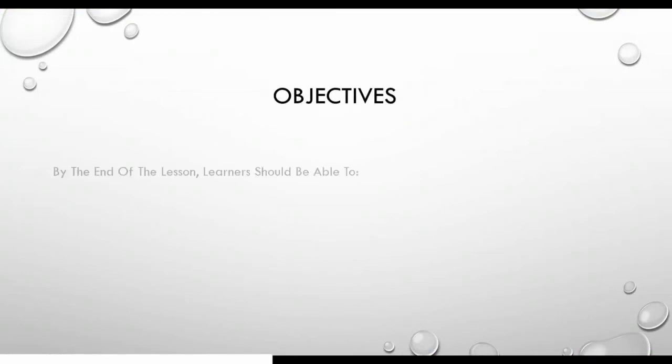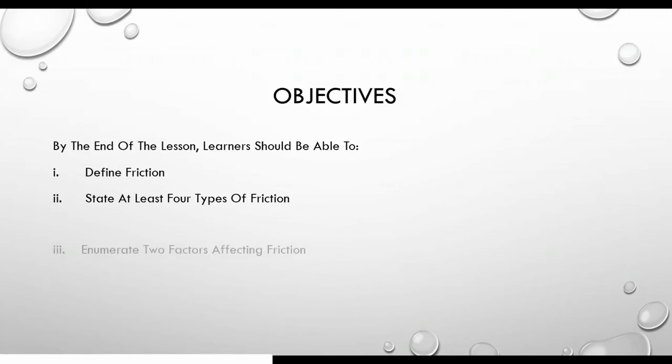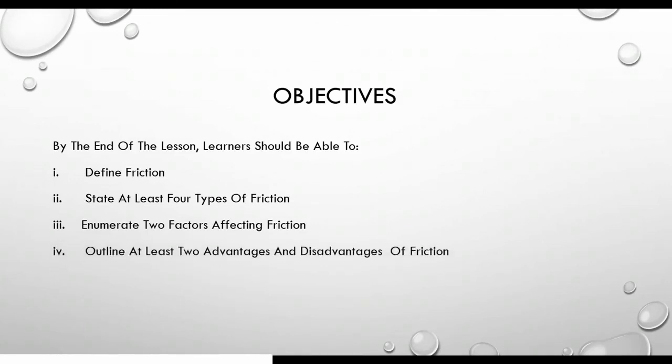So, objectives: by the end of the lesson, learners should be able to: one, define friction; two, state at least 4 types of friction; three, enumerate 2 factors affecting friction; four, outline at least 2 advantages and disadvantages of friction.